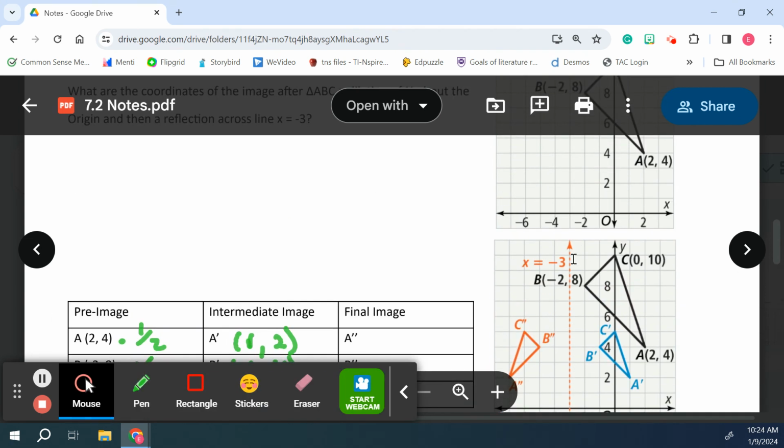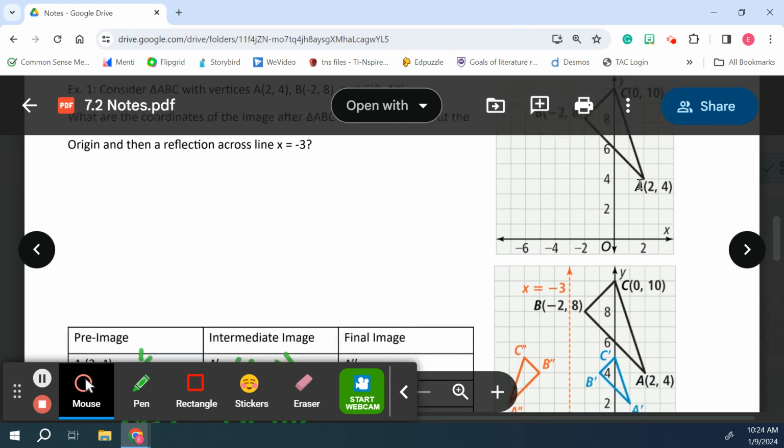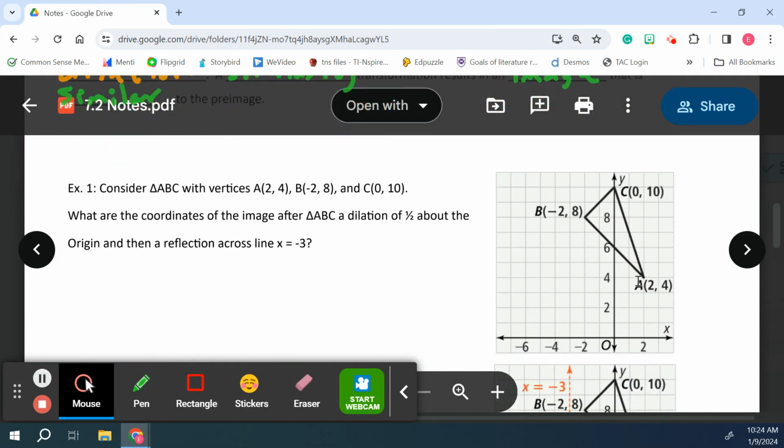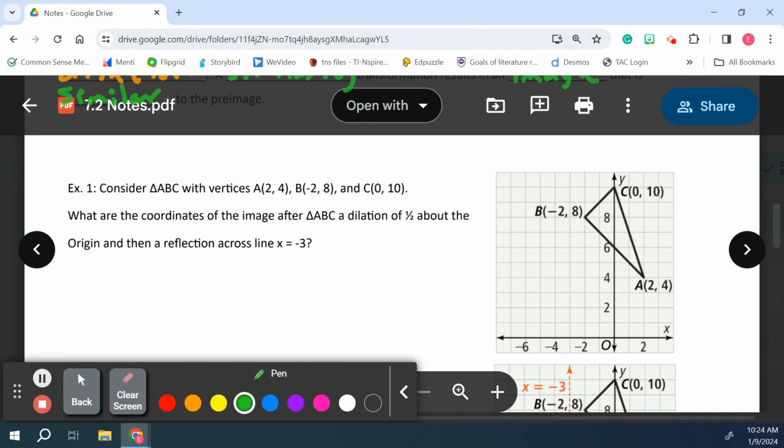So the first thing I'm going to do is, looking at this top picture, I'm physically going to plot these 3 points, okay? So I have 1, 2. That's the A prime. B prime is -1 up to 4.